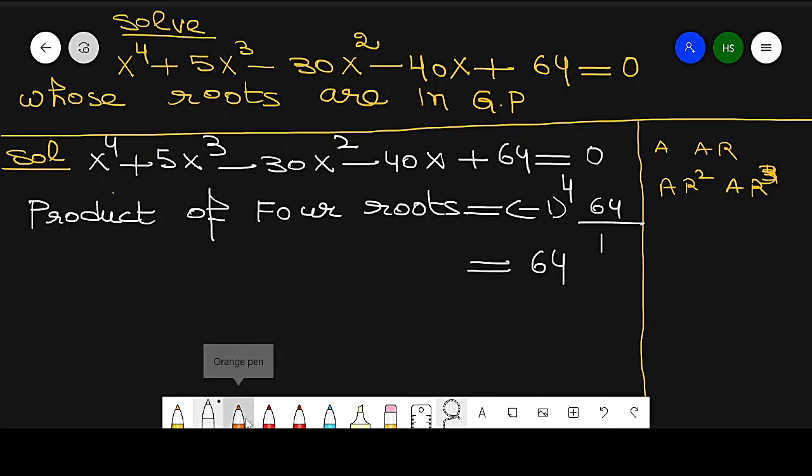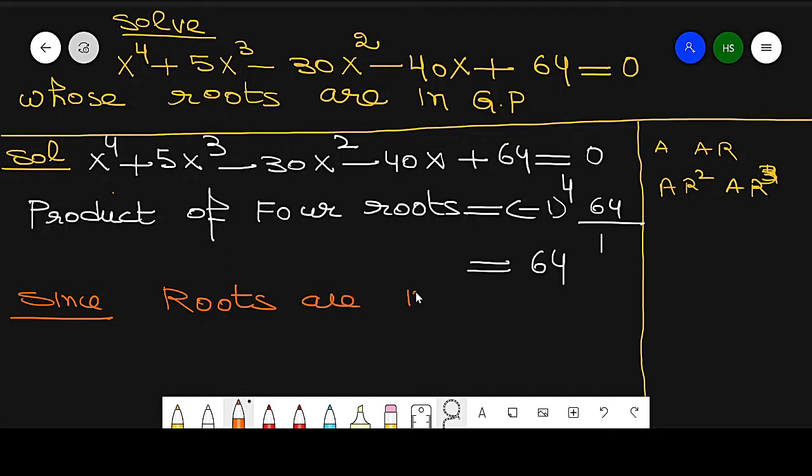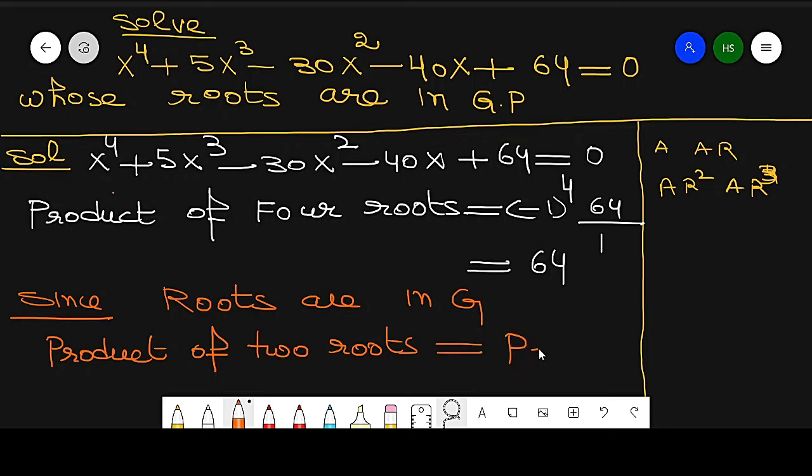Now by given, since the roots are in GP, the product of two roots is equal to the product of the other two roots.